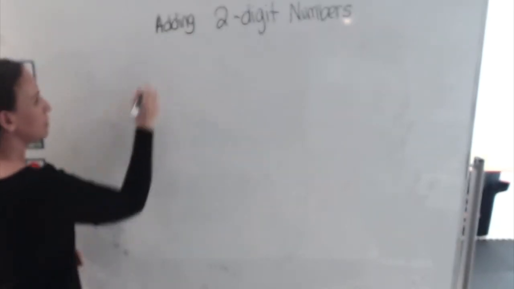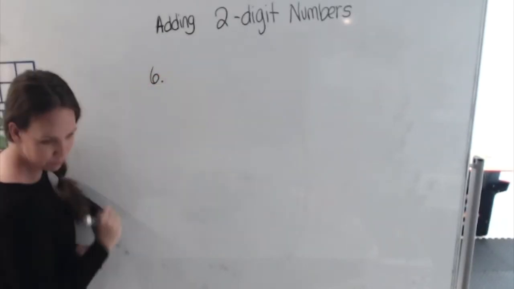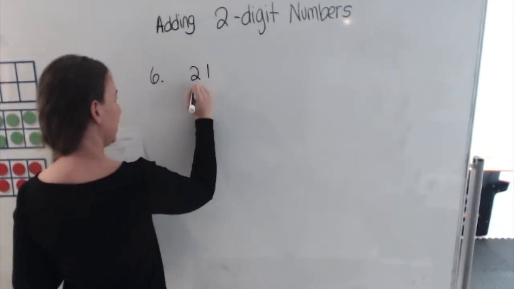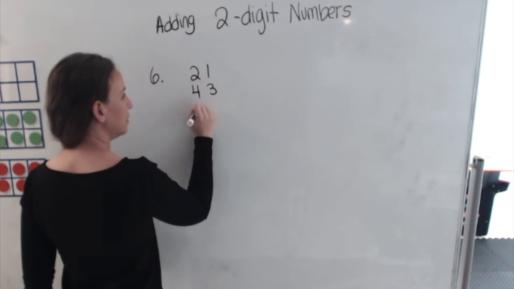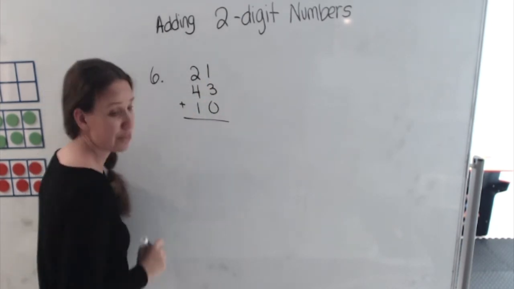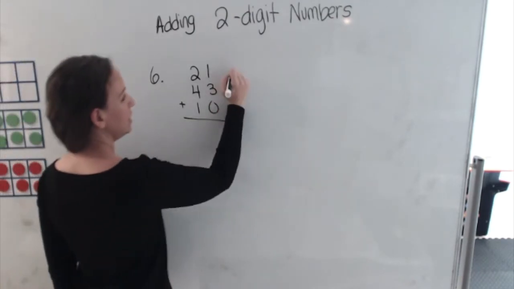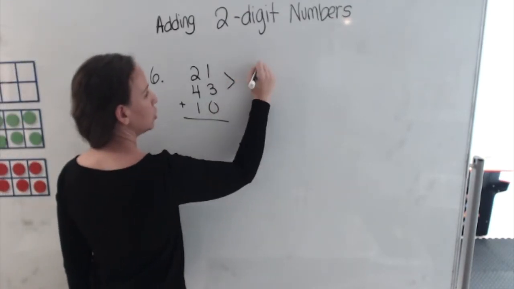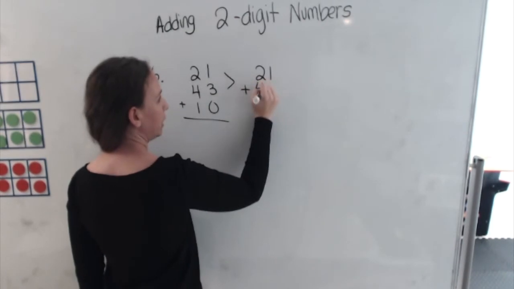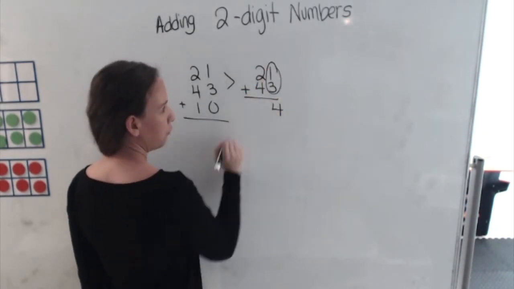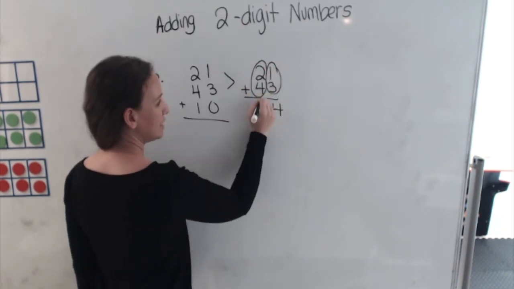And problem number 6, the one right next to 5, gives us another 3 numbers. 21, 43, and 10. We need to add those up. But I'm going to do this one a different way. I'm going to add these two numbers first. 21 plus 43. And that gives me 4 there and 6 there.